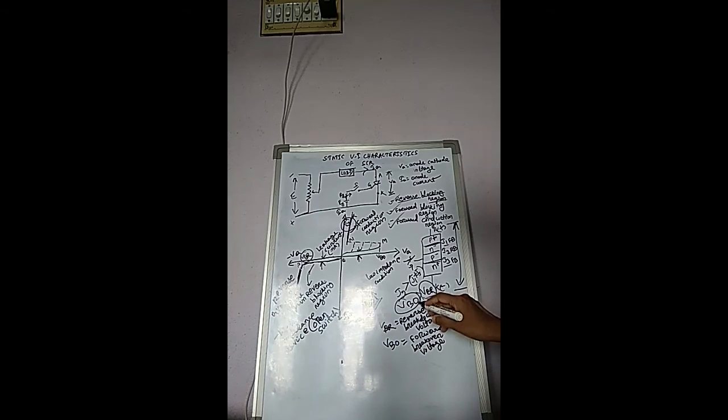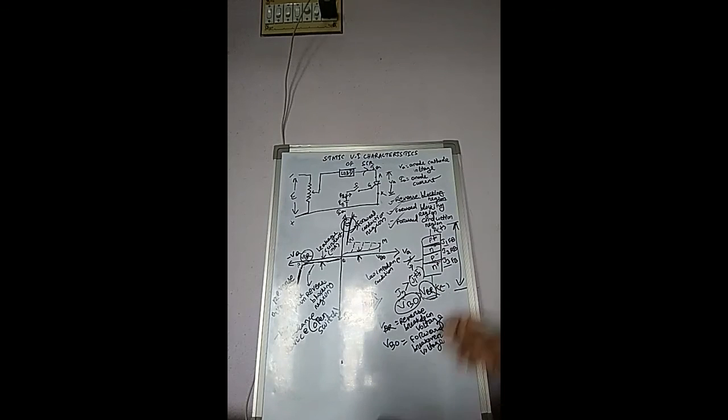Because in forward direction we need to break this junction, this depletion layer, and in reverse bias mode we need to break the depletion layer, or the junctions J1 and J3. So that's why the voltage VBO is greater as compared to voltage VBR.